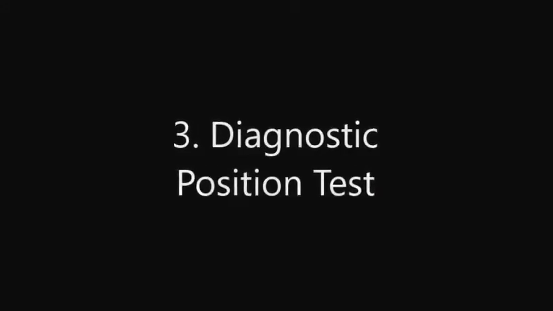Now I'm going to do the cover and uncover test. I'm going to cover one eye and you have to look straight ahead. I could see the two eyes focused in parallel. Now I'm going to do the diagnostic position test.